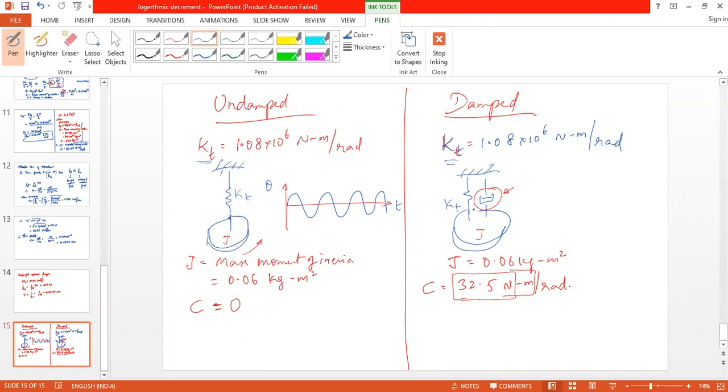Whereas in case of damped system, because of the presence of the damper with a capacity of 32.5 Newton meter torque per radian, the displacement versus time curve will be like this, theta and this is t. Here the maximum displacement is 9 degree, here it is 6 degree, and here it is 4 degree. This reduction in amplitude is because of the presence of damper.